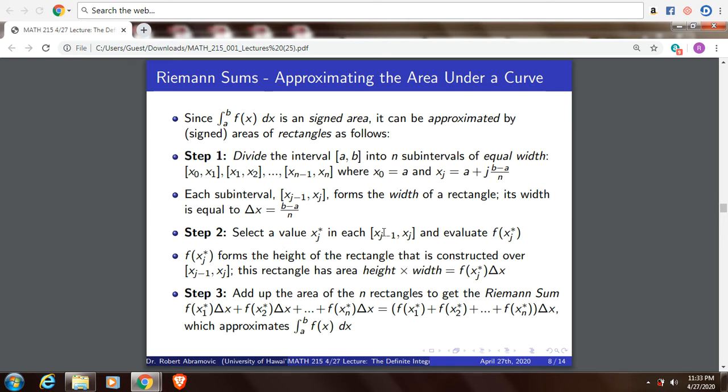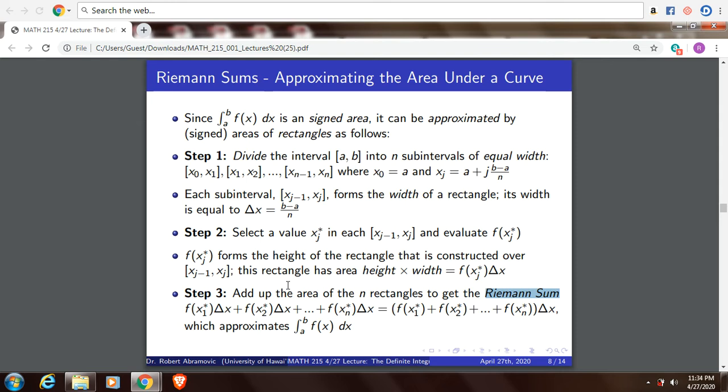So what we're doing here is we have a subinterval that forms the width of a rectangle, and we choose a value in the subinterval and then look at the output of the function at that value, which forms the height of the rectangle. The height could be negative, and we consider it a signed area, which means the function lives below the x-axis. So its signed area is height times width, which is f of xj star times delta x. Then you add up all these rectangles to get what's called a Riemann sum.